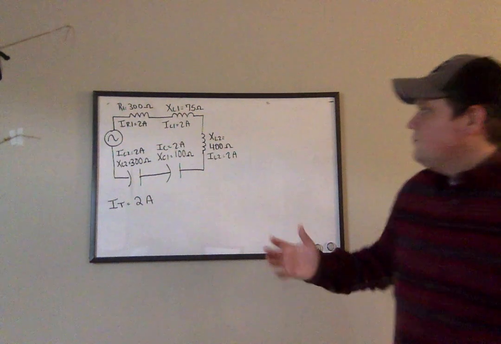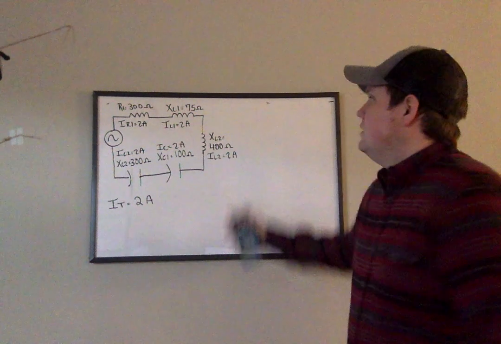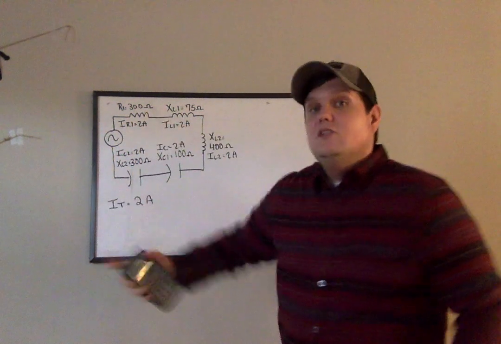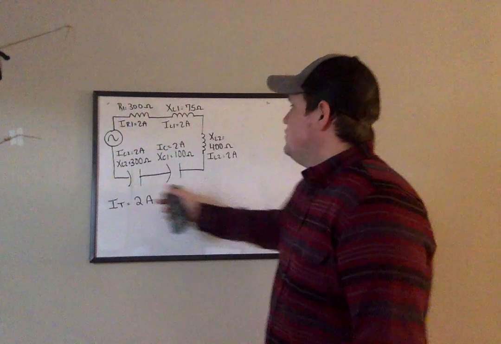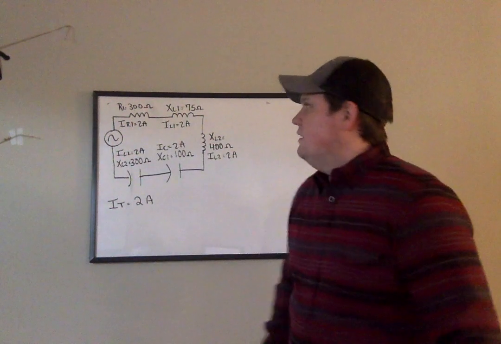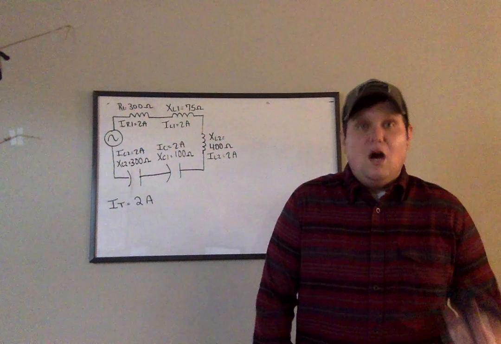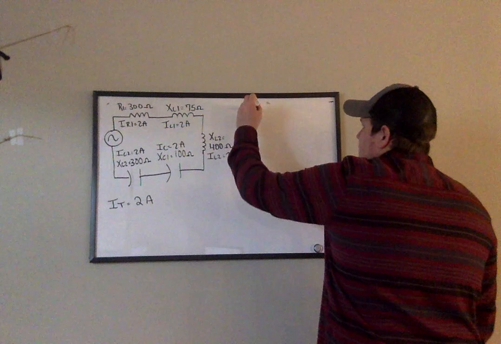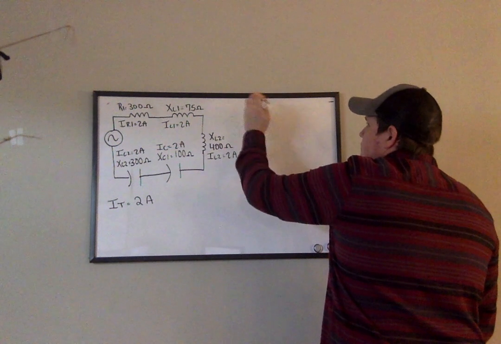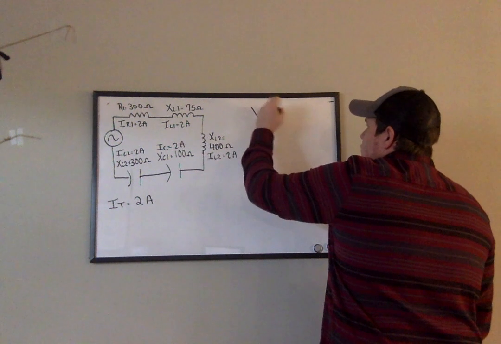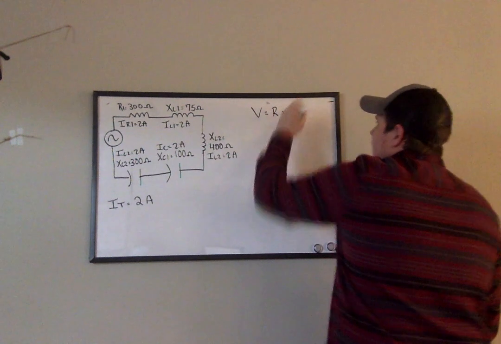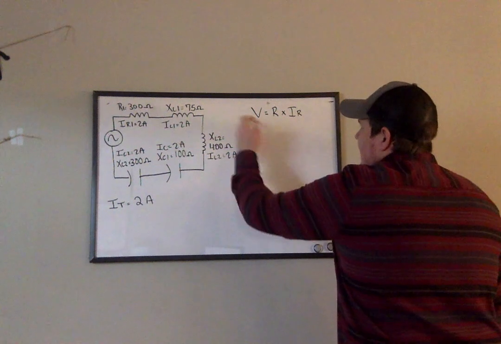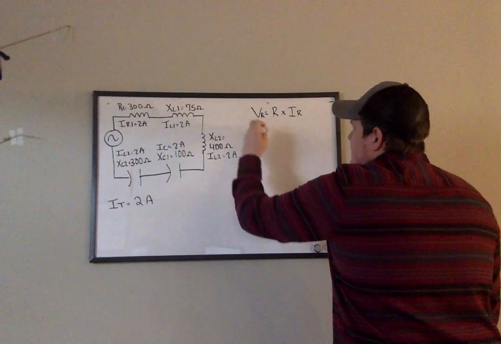So now, remember ohms and amps. In order to get the voltage drops around this circuit, all I have to do is use my Ohm's law formulas. So I'm going to have V equal to R times IR, or I'll call that VR.